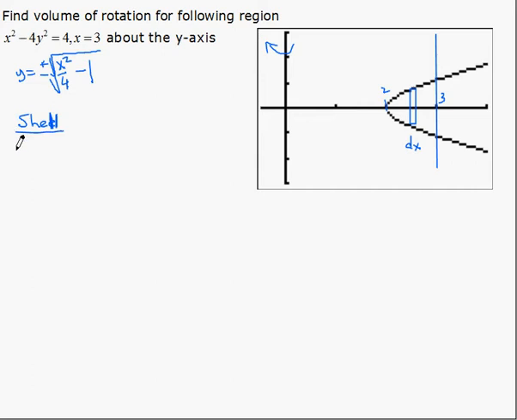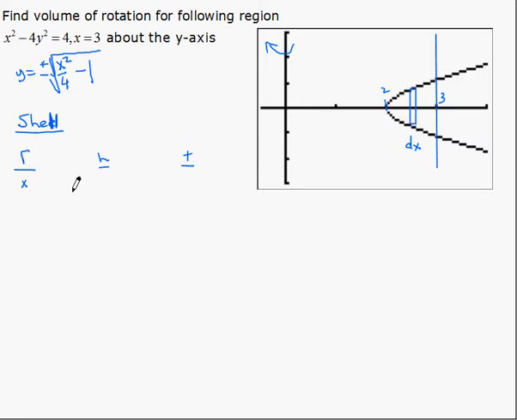The shell method means we need a radius, a height, and a thickness. Radius means the distance from the axis of rotation to the rectangle. That's x. The height means the height of the rectangle. So just as we did for area, we're going to take the top of the rectangle minus the bottom of the rectangle.